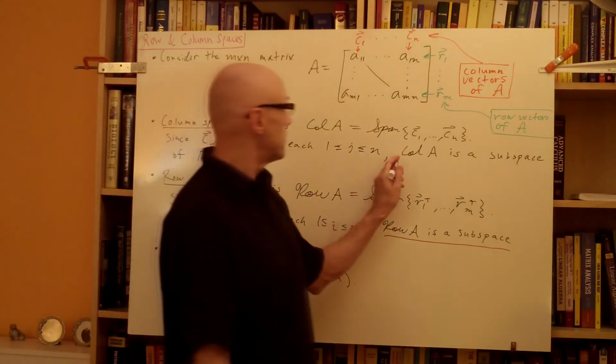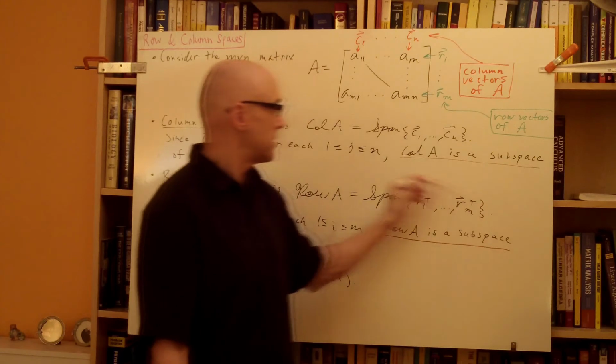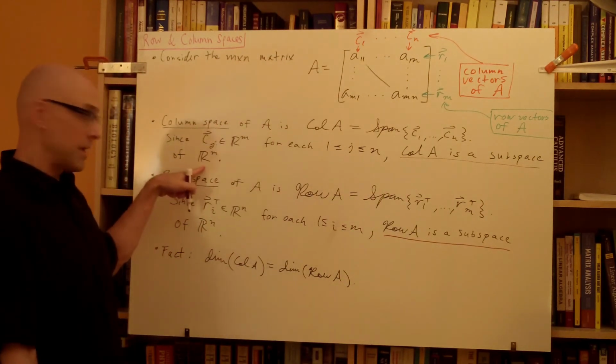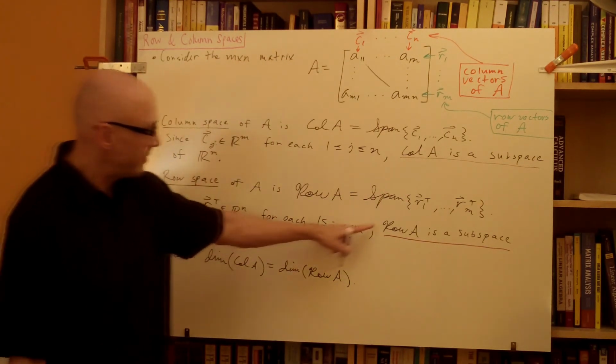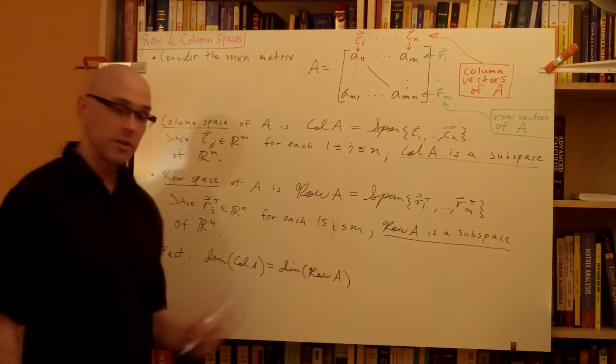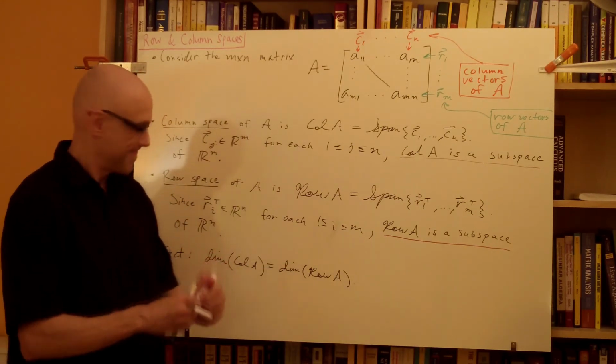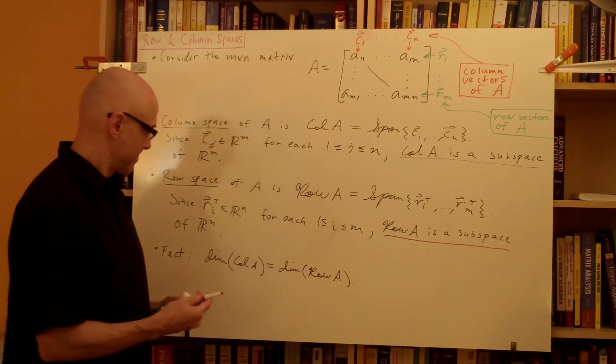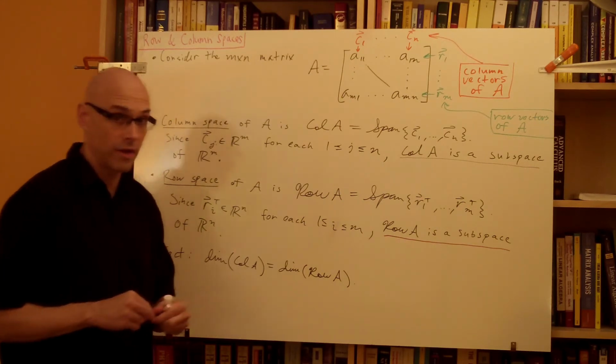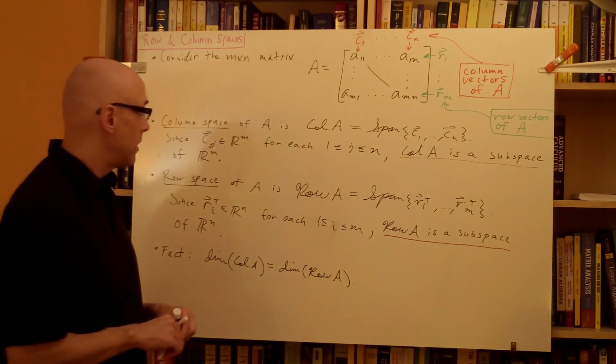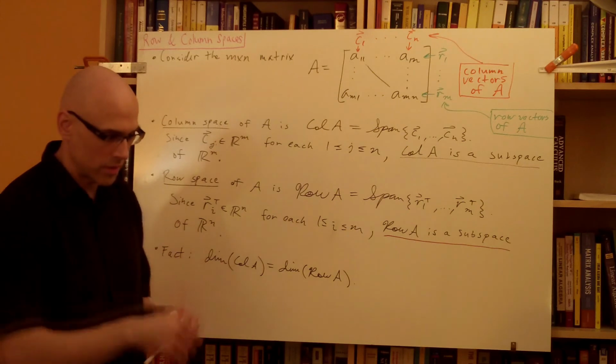The column space of A is a subspace of Rm. So they're each subspaces, but their dimensions are equal. That is interesting. It's not at all obvious. It is again proven in the notes.